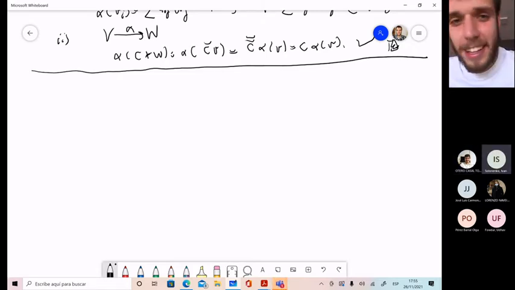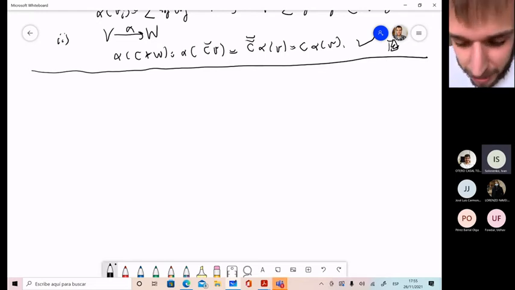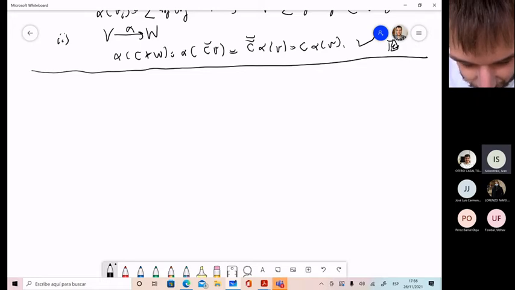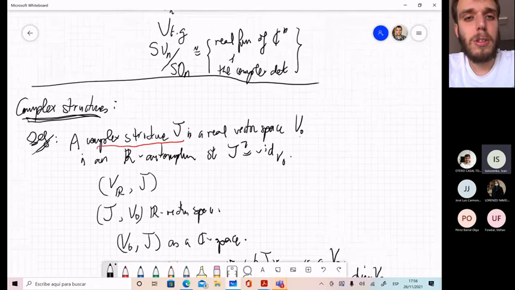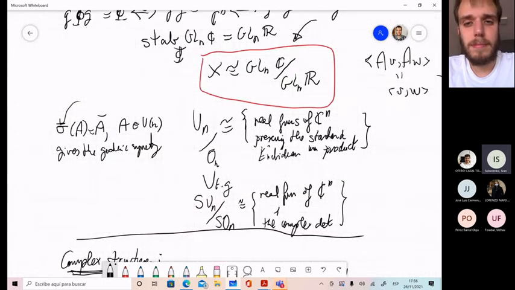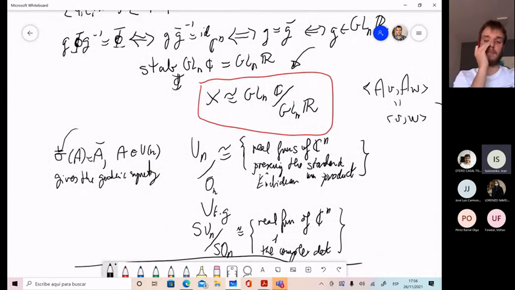Can I ask just one small question? Please, go ahead. If you go back to this quotient by U(n) by O(n) and so on. You defined the space represented as U(n)/O(n), and as we've figured out, these are real forms that are orthogonal.